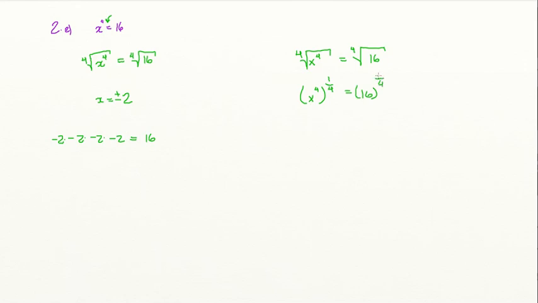And with our exponent rules, remember we multiply these two together. So 4 divided by 4 equals 1. And remember that 16 is 2 to the 4th. So you can also do this with exponents if you want.